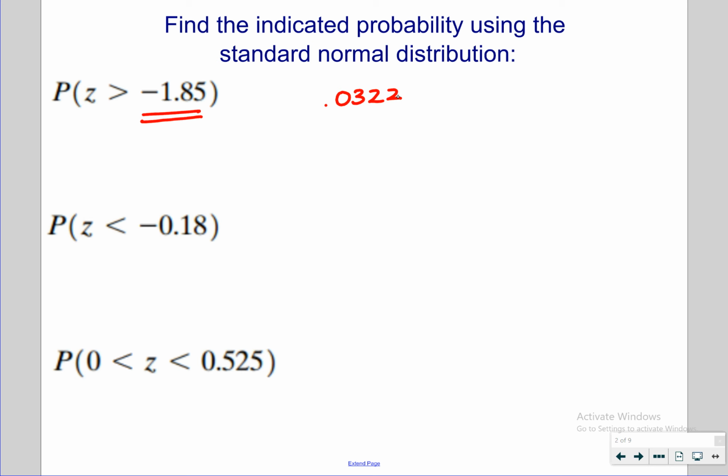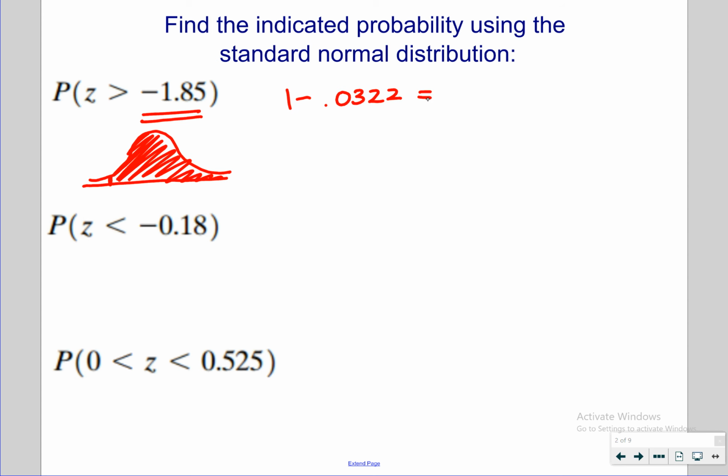Okay. All right. Now, it's helpful to kind of just imagine. It doesn't ask you to sketch it here. Negative 1.85 is down here, and we're finding the probability that something is greater than that. So it's like shading to the right. Okay. The number that we have is the probability if my z-score was less than negative 1.85. I want greater than, so we're going to, like last week, use the complement, 1 minus that number.